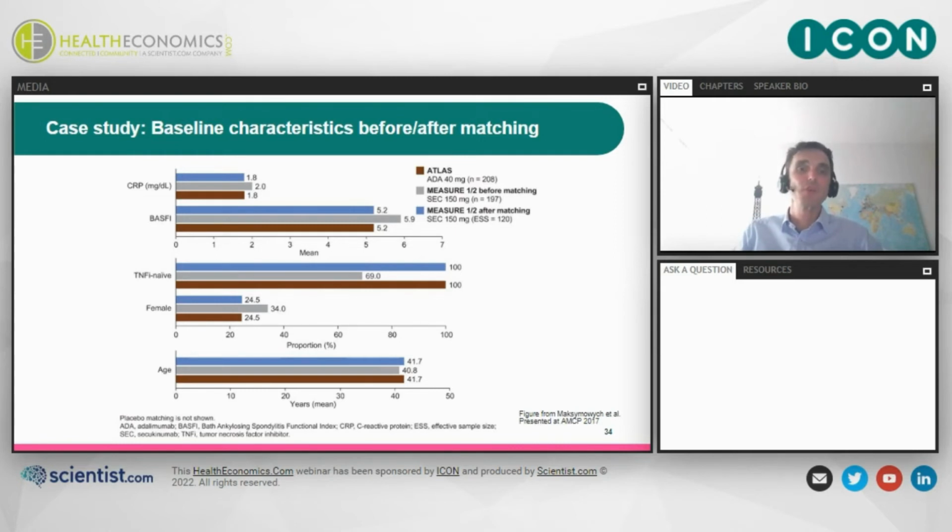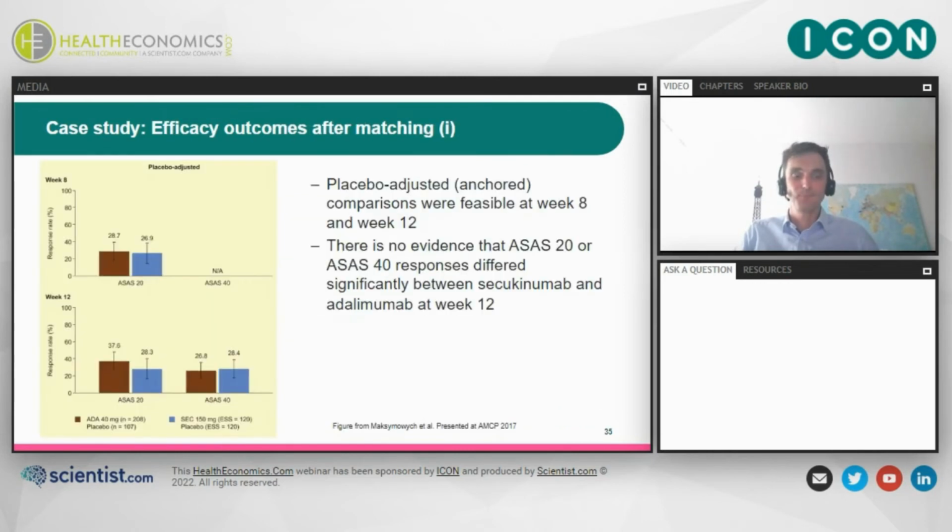The gray bars show the outcomes in the Measure trials before matching, and they are different from the brown bars for the ATLAS trial. Whereas after matching, and this is what you can see by comparing the blue bars with the brown bars, all the characteristics considered in the matching were then identical with the average distribution in the ATLAS trial.